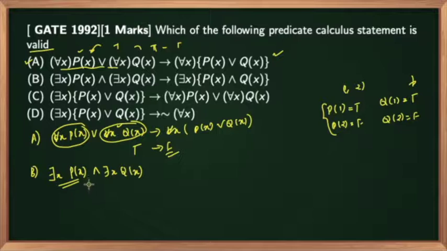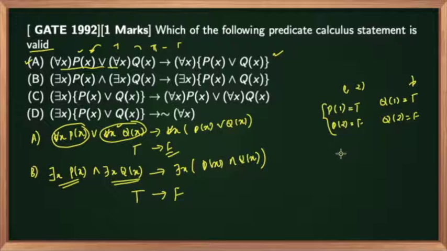If your domain has s1 or s1 and s2, it doesn't mean that both x should be the same. These are independent statements. Remember, that implies the existence of an x, P of x and Q of x. So we want to make it true implies false, right?